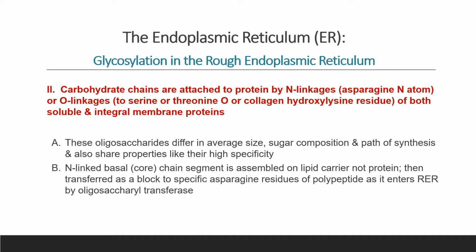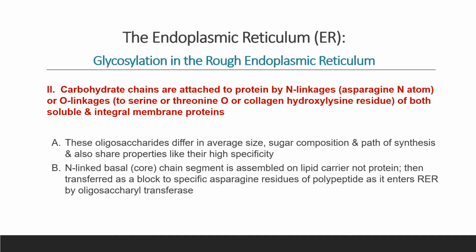So carbohydrate chains are attached to the protein by N linkages, usually the asparagine N atom, or O linkages to the serine or threonine O, or the collagen hydroxylysine residue of both soluble and integral membrane proteins.